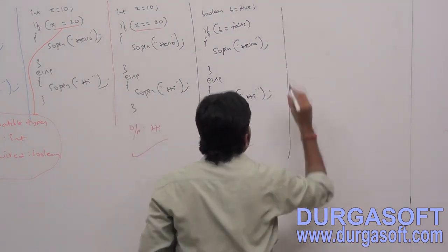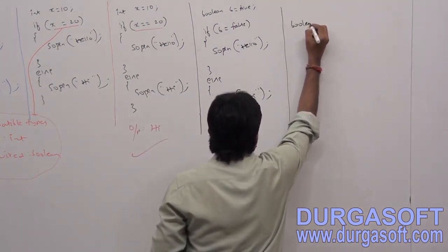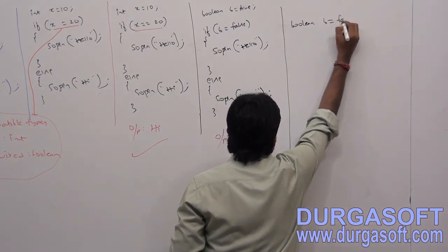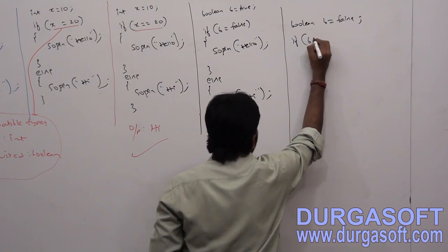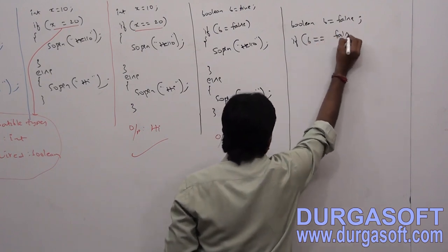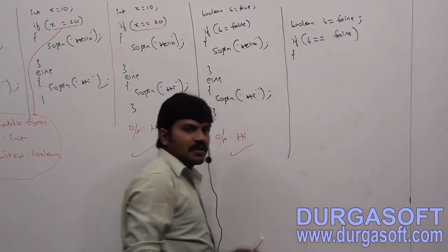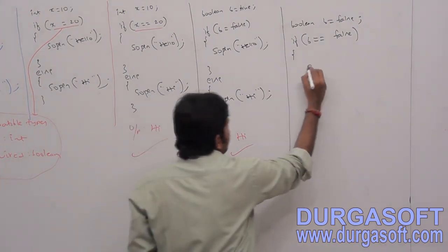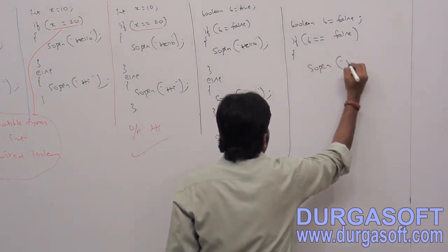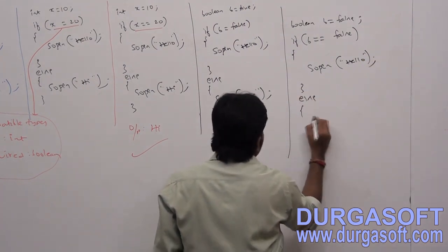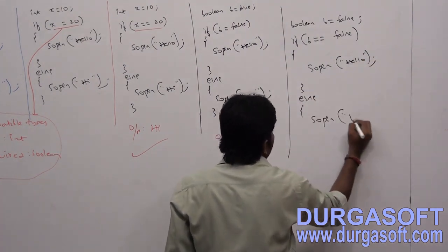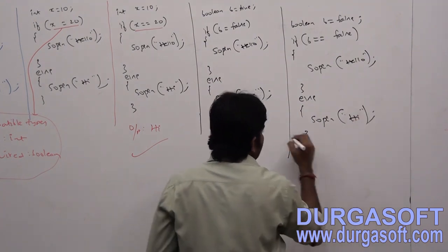Now the last one. Boolean b is equal to false. If of b double equal to false, a comparison, System.out.println of hello, else System.out.println of hi.